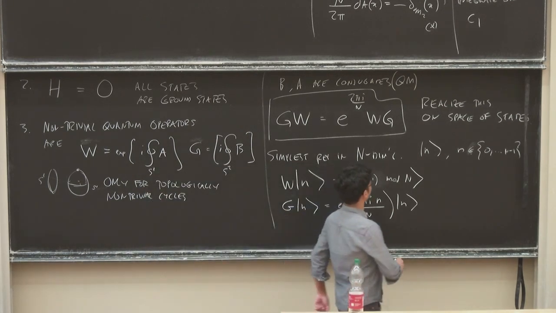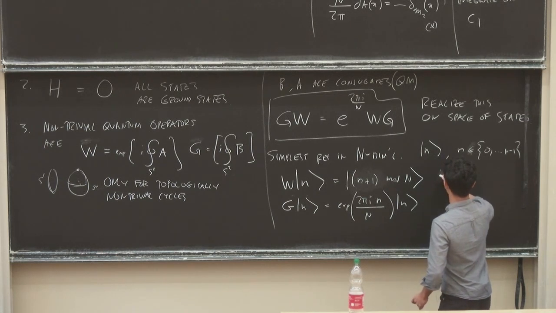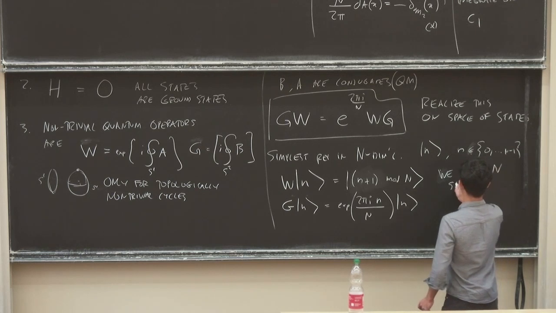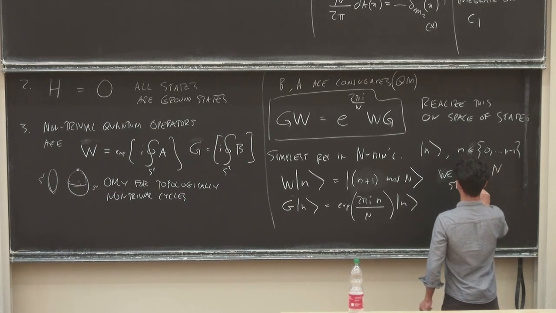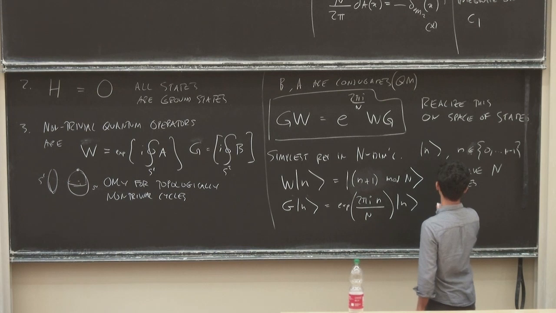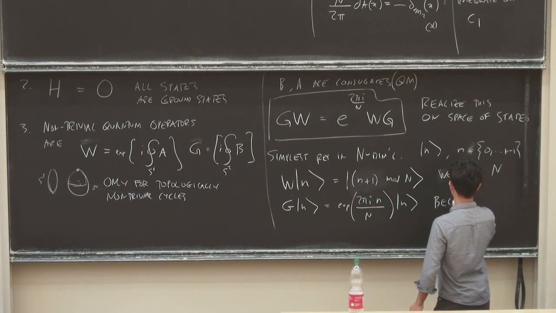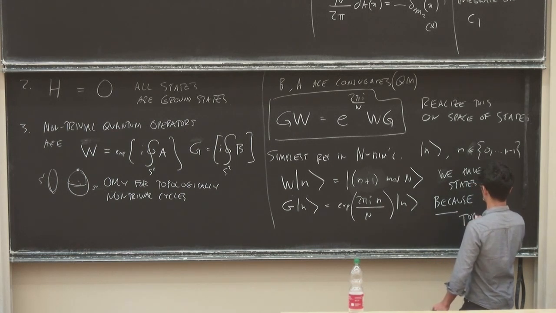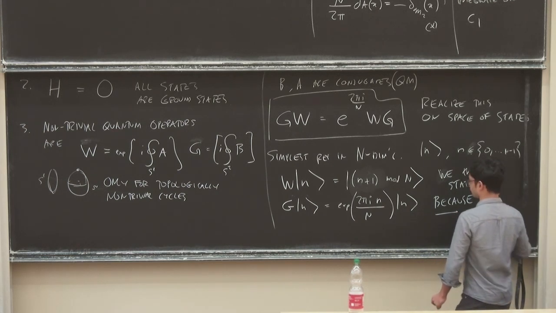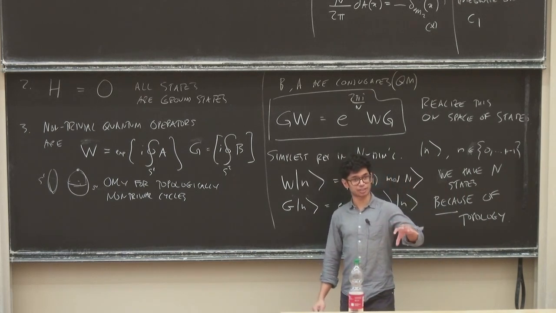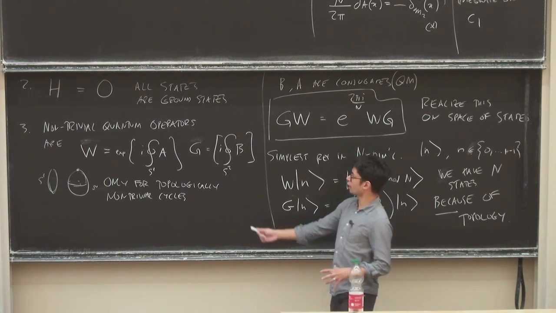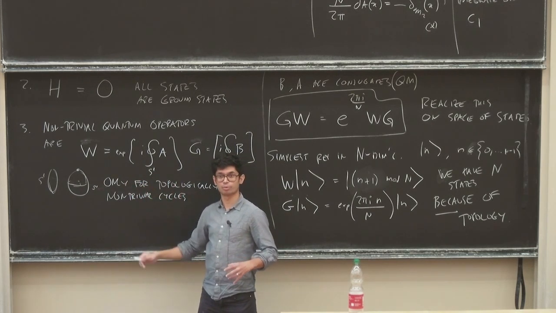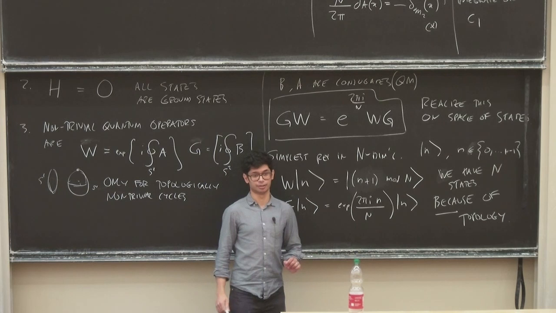So note that we have n states. And we have them because of the non-trivial topology. In particular, if we had played the same game on S3, then we would not have been able to construct non-trivial operators W and G, and we wouldn't have had to represent them in this manner.